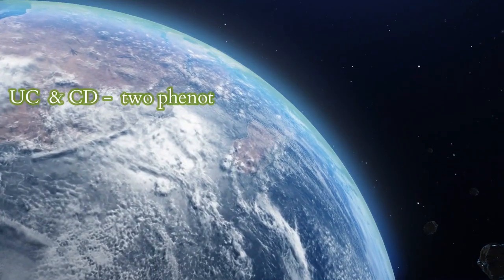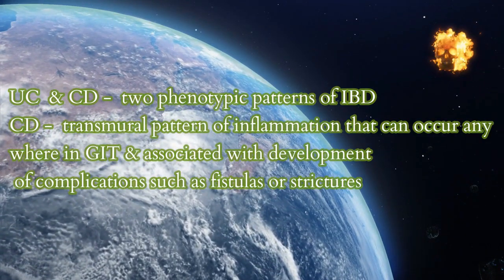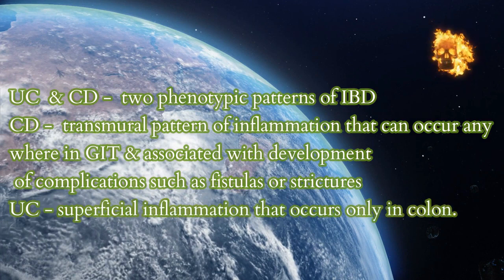So coming to the topic of this video tutorial, ulcerative colitis and Crohn disease are two phenotype patterns of inflammatory bowel disease. In Crohn disease, the inflammation is transmural. That means it involves the whole bowel wall, and it occurs in any part of the GIT from mouth to anus, and it is associated with the development of complications such as fistula or stricture. While ulcerative colitis, which we talked about in detail in the previous video tutorial, the link for which I will share in the description, is a superficial inflammation that occurs only in the colon.